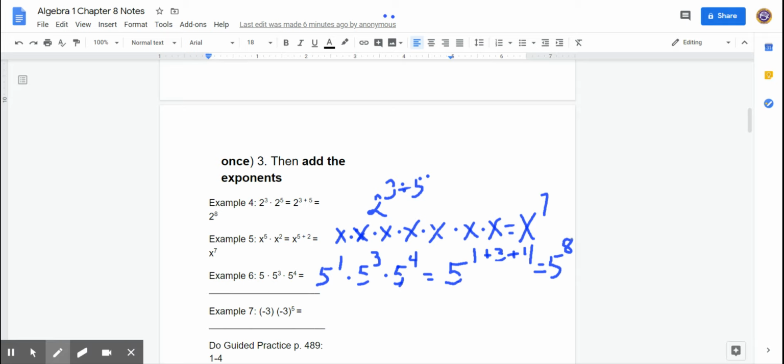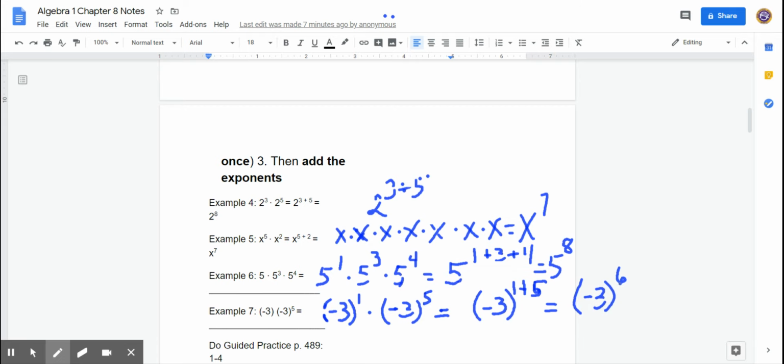Example 7 is the quantity of -3. Again, we have to remember there's a 1 on that, times the quantity of -3 to the 5th power. So what is our base? Our base is the quantity of -3. And then we need to add the exponents of 1 plus 5, and we get the quantity of -3 to the 6th power.